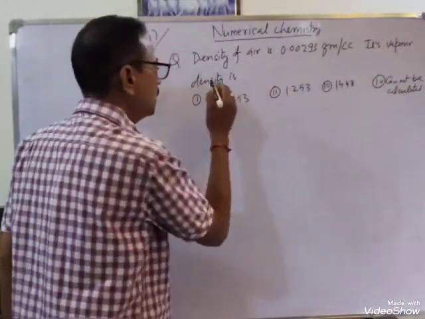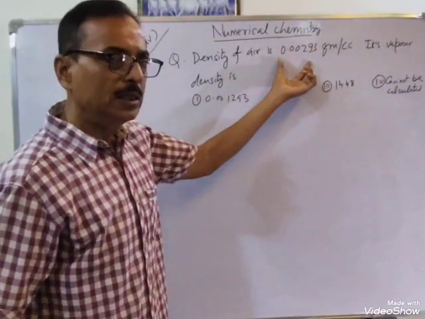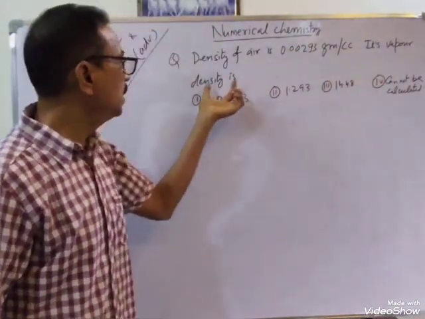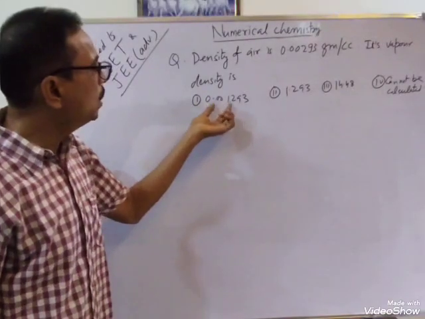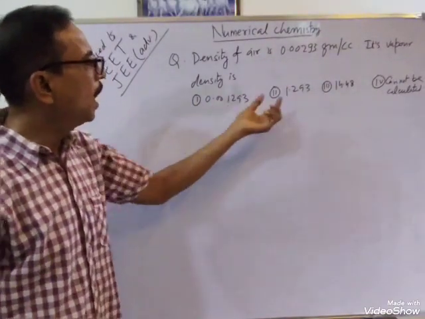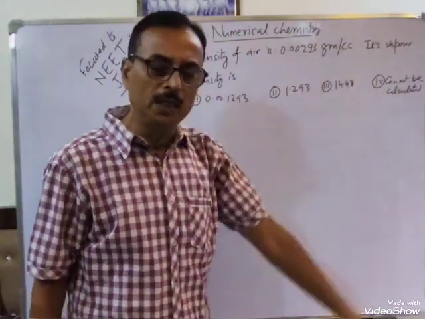Its vapor density is, there are four options. Real density is given, vapor density is asked. The options are 0.009, 1.293, 14.48, or cannot be calculated.